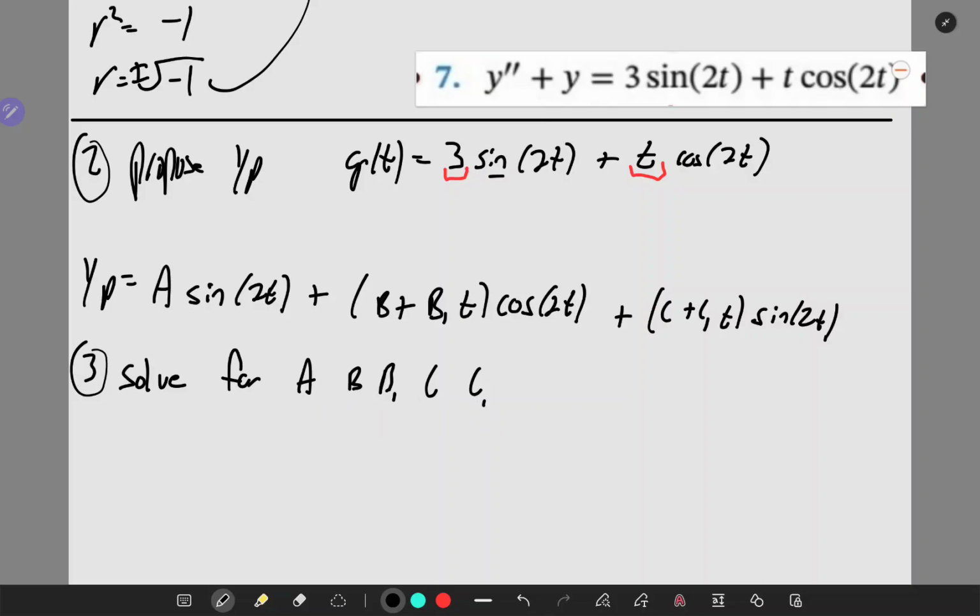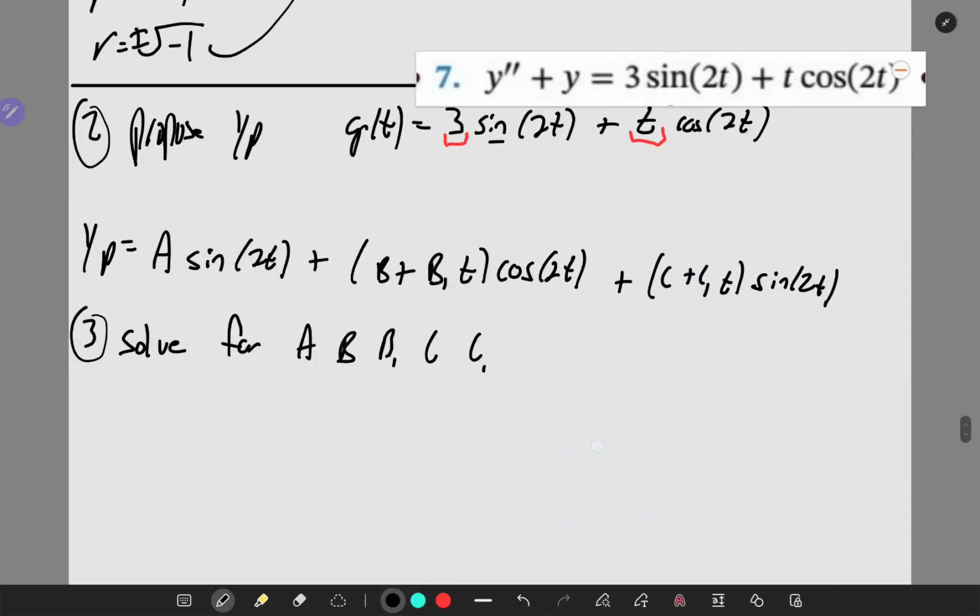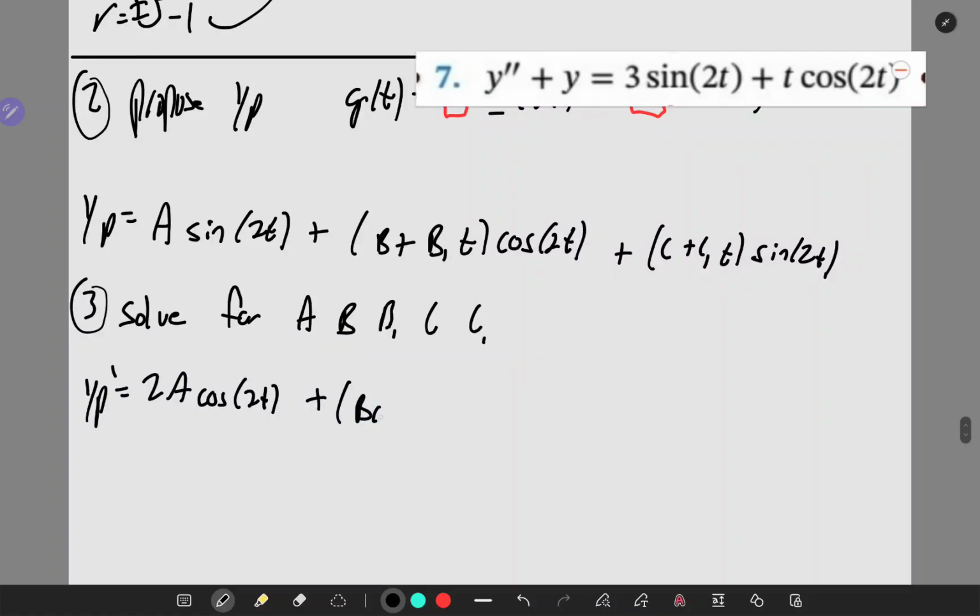Let me just remove these comments. That was confusing me. Okay, so we're going to take the first derivative. This would be what? 2a cosine of 2t. I'm going to have to do this one without any help from my other one, because this is completely different now. Hopefully we get the right answer. Plus b cosine of 2t. Wait, why am I doing that?